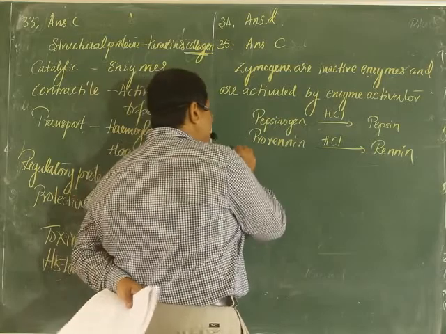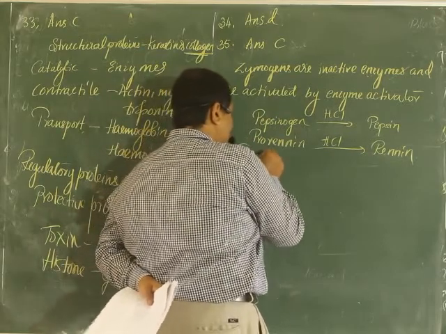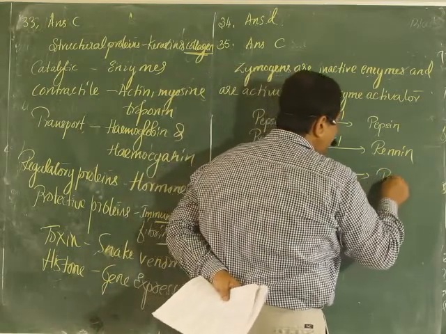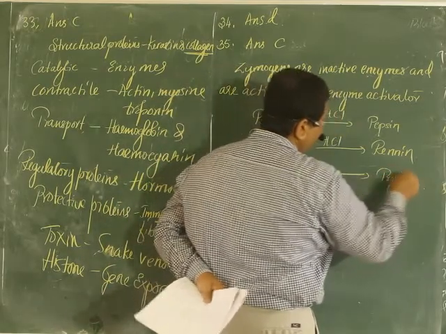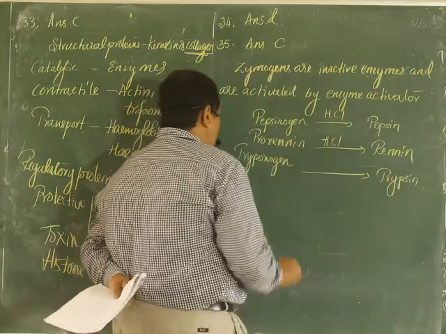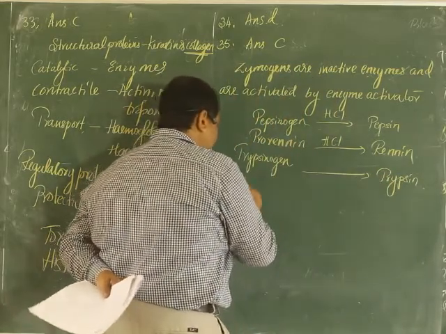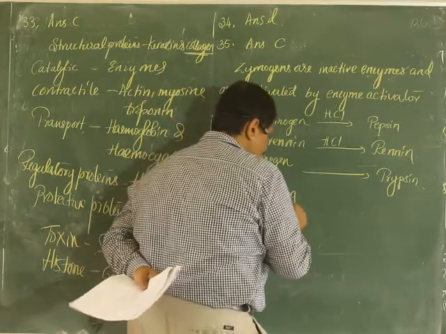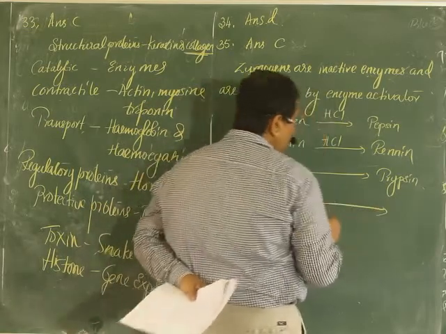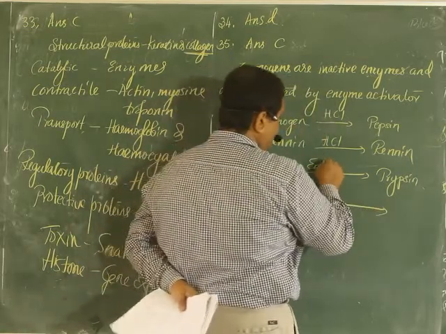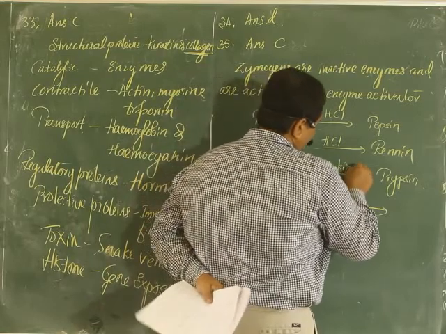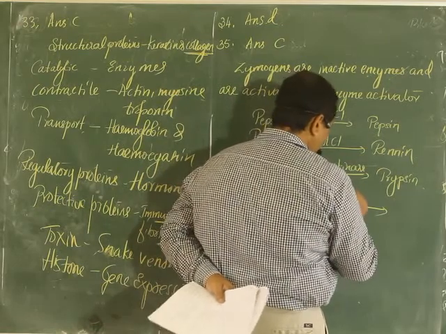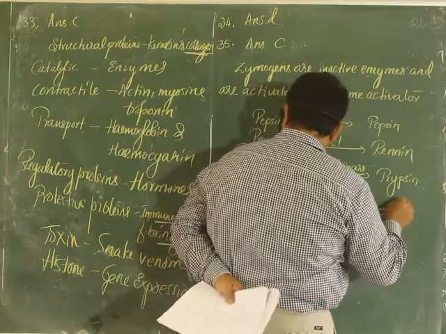Then trypsinogen, whose activated form is trypsin, activated by enterokinase. And chymotrypsinogen, activated by trypsin, forms chymotrypsin.